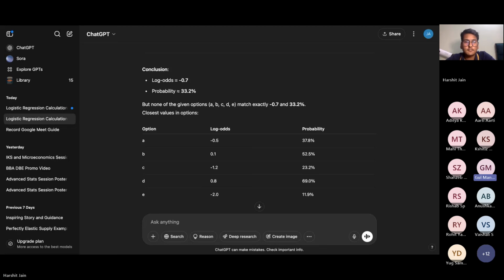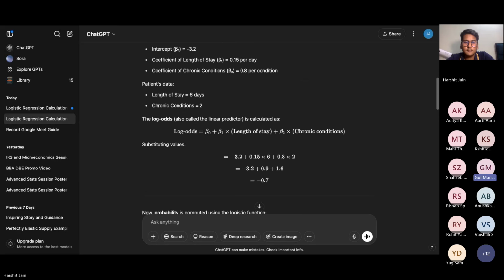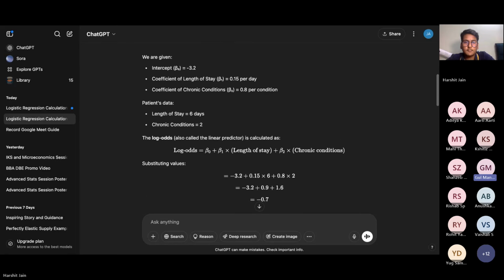I feel that the thing you explained today was lengthy for me. What I have learned is that you only need to remember the intercept and slope, and if error is given, that way you can find the log odds, and the probability you can directly find by 1 divided by 1 plus e to the power minus log odds.